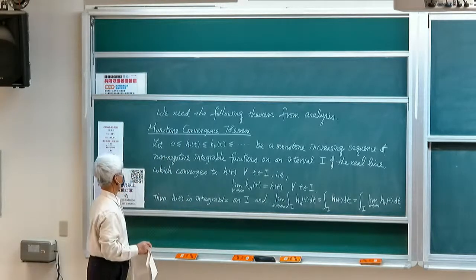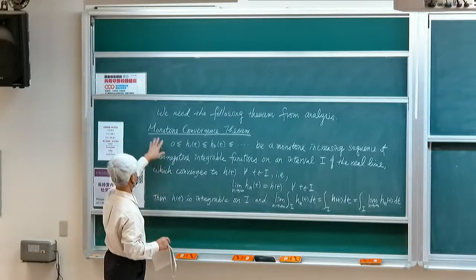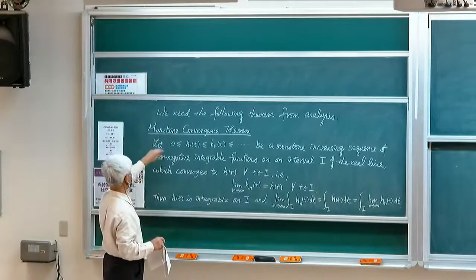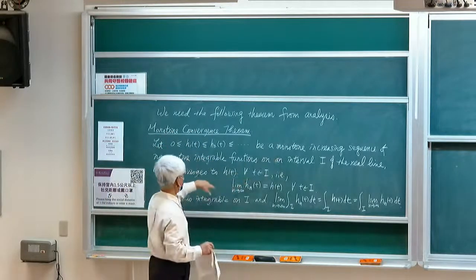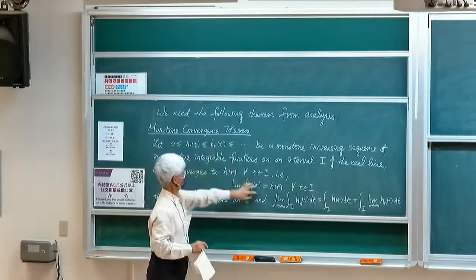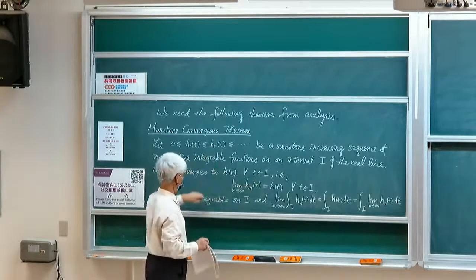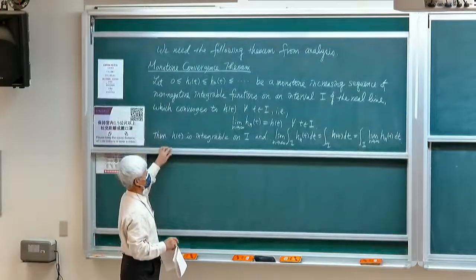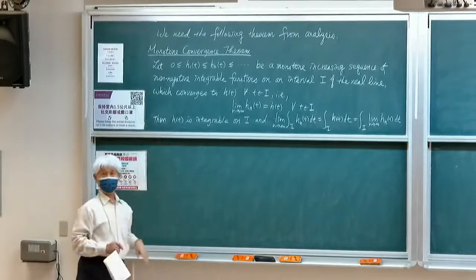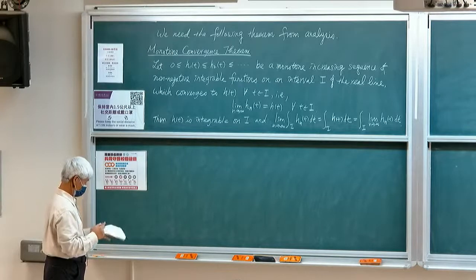It's a famous theorem in analysis, and we call it the monotone convergence theorem because it's a monotone increasing sequence, and this sequence converges to a function. Under this circumstance, we have this conclusion. Later on, you can use this important theorem.